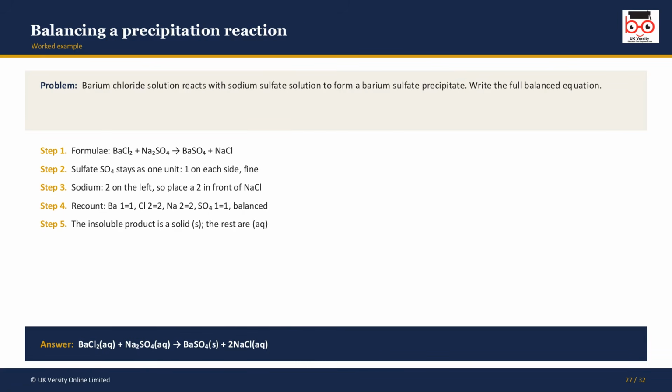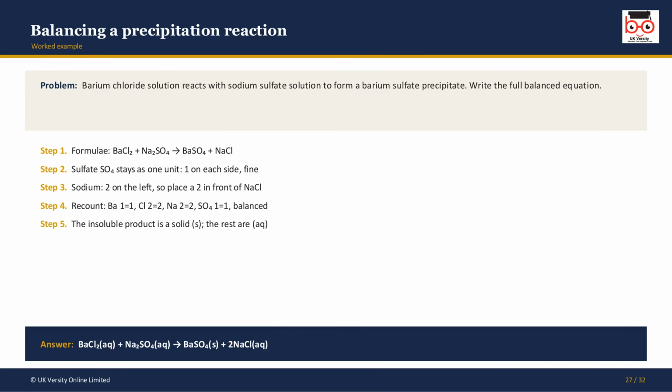Finally, a precipitation reaction, barium chloride solution with sodium sulfate solution, forming an insoluble barium sulfate. The formulae are BaCl2 + Na2SO4 goes to BaSO4 + NaCl. The sulfate stays as 1 unit, 1 on each side. Fine.